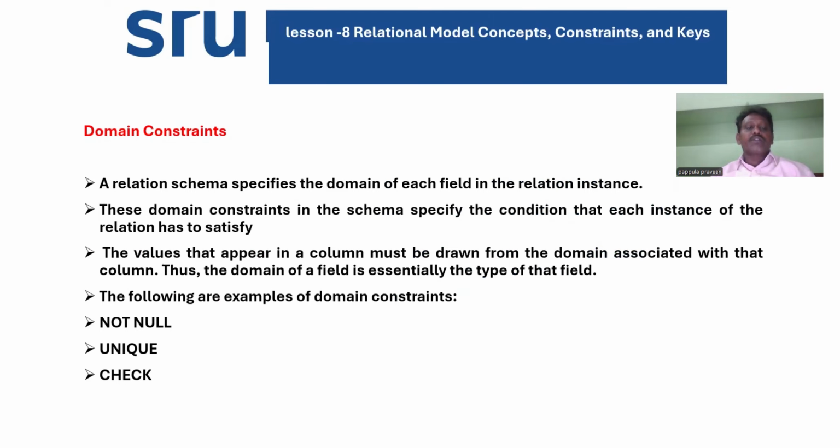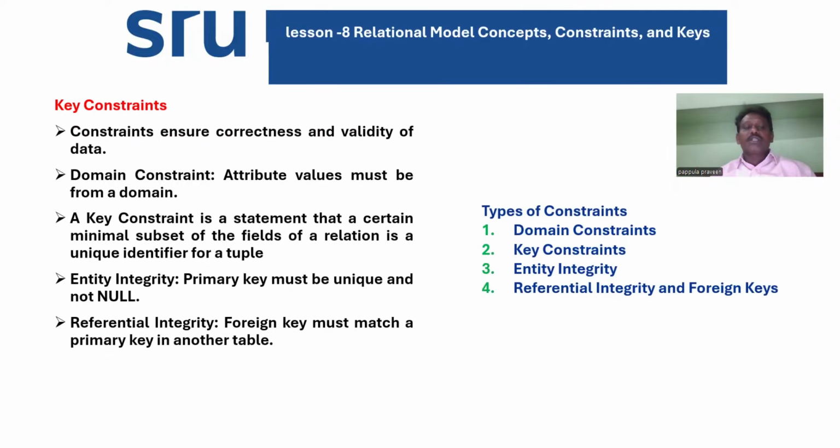Domain constraints: a relation schema specifies the domain of each field in the relation schema. Now not null, unique, and check constraints, these are all the domain constraints. And next one, key constraints. These constraints ensure correctness and validity of the data. So the primary key must be unique and not null, right?